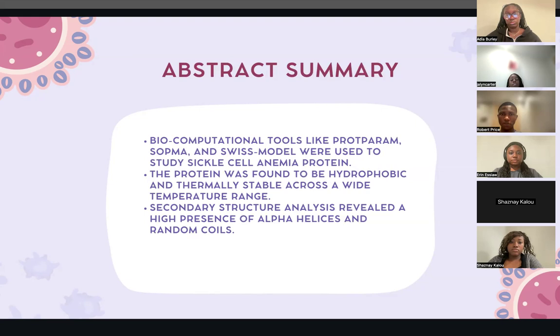It was also found to be thermally stable across a wide range of temperatures. Tools including SOPMA and Swiss model were used to examine the protein's physical and structural properties, revealing a high presence of alpha helices and random coils. These insights provide a deeper understanding of the disease and offer a foundation for drug development and future therapeutic strategies.